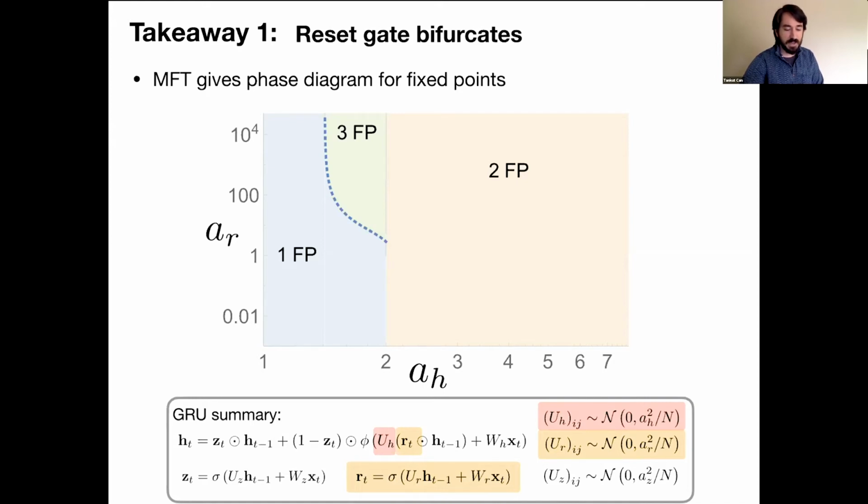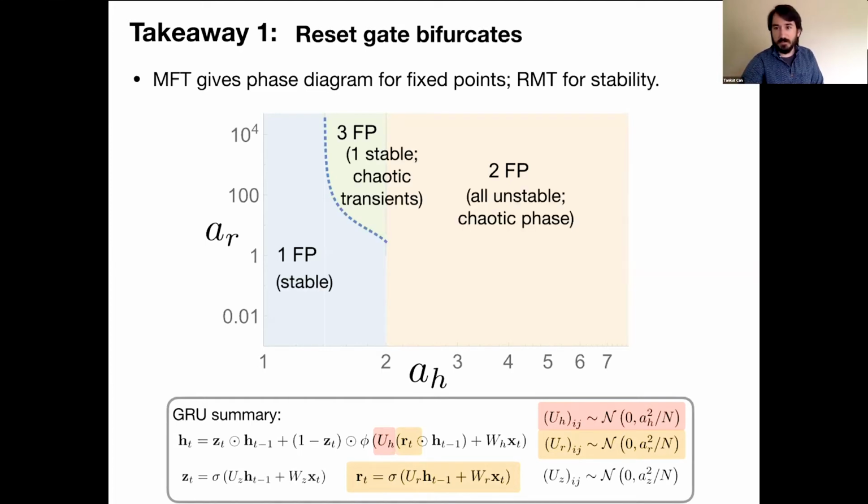However, for smaller AH, there's a bifurcation at a critical AR where the number of fixed points abruptly jumps from 1 to 3. Hence the slogan at the top of the slide: reset gate bifurcates. At the microscopic level, this indicates an explosion in the average number, or complexity, of critical points in the n-dimensional space of hidden units.